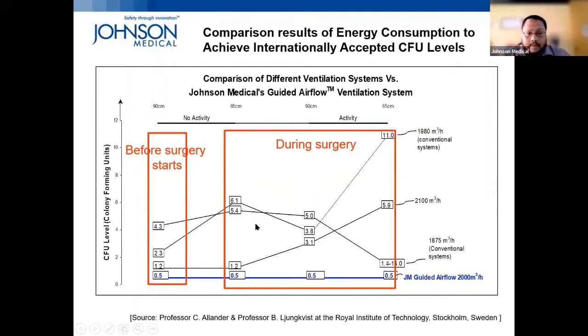Some of the systems can handle it better, but towards the end of the surgery their CFU level starts to increase, whereas our Johnson guided airflow system still maintains the 0.5 throughout the surgery.